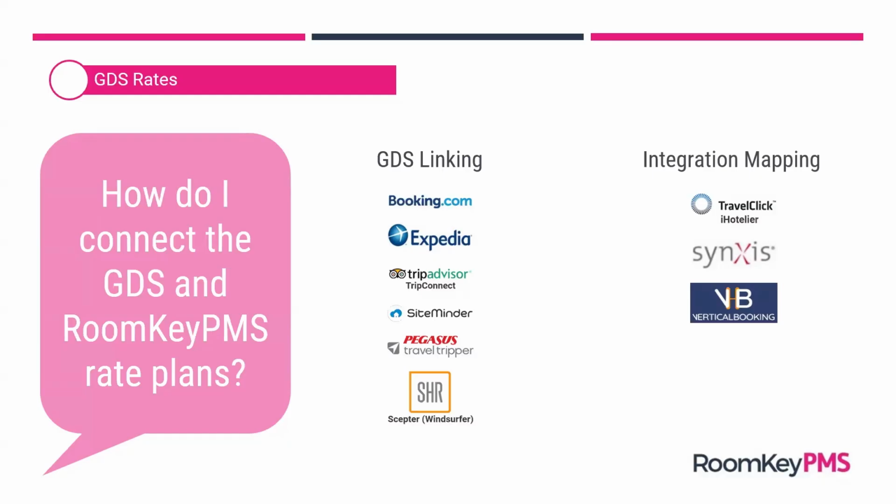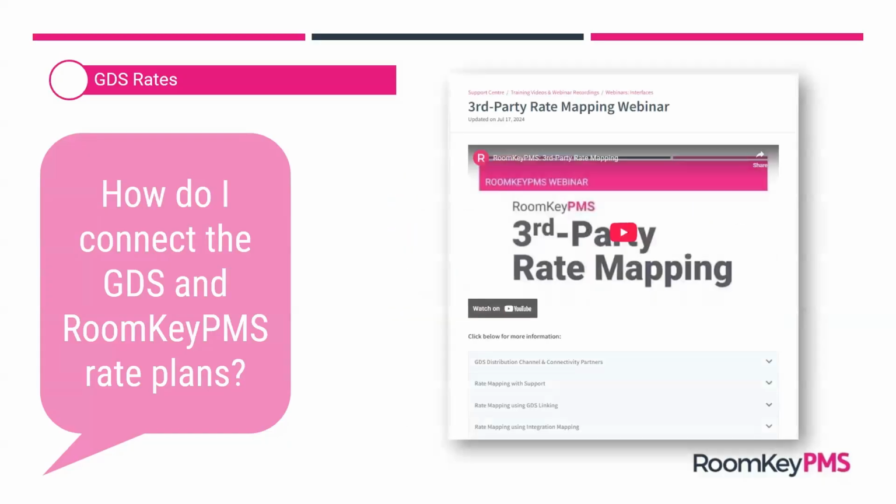That's a module that is linked into the Rate Wizard, whereas the GDS linking tool is a separate module also found in Roomkey. If you would like more step-by-step information about linking these rates, we have really great step-by-step information outlined here on the third-party rate mapping webinar.